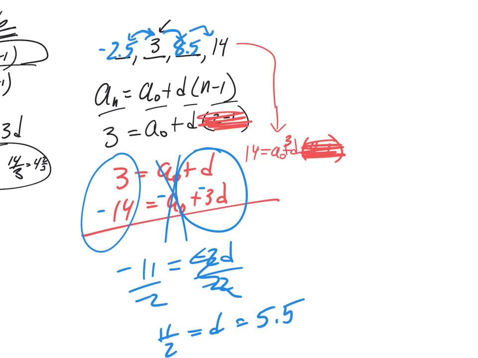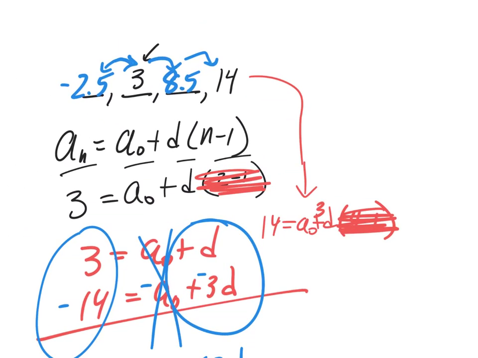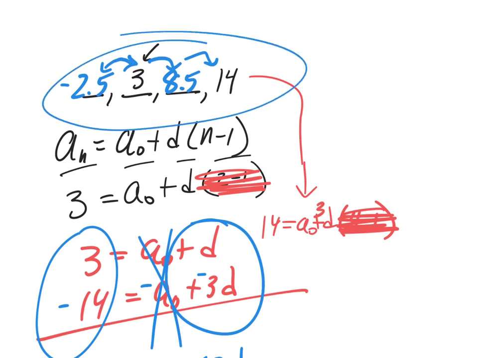Can you find d a different way? Because I found it a different way originally, but that wasn't guess and check. Yes, as long as you show your work. Imagine I'm back at the original problem here. What did you do? I made 3 the starting value, and I made 14 the third term. Interesting. So you just shifted it in your head, that's the first and the third term.